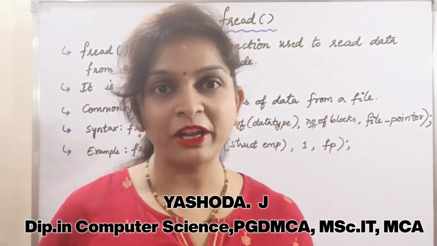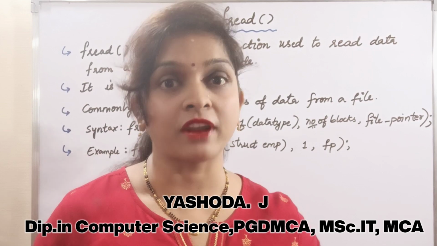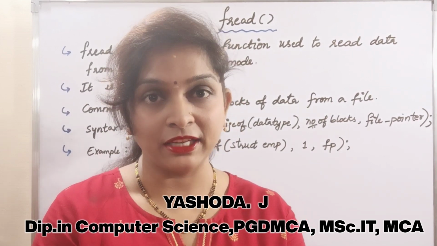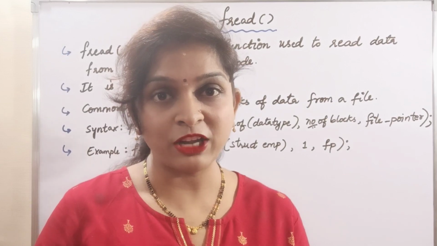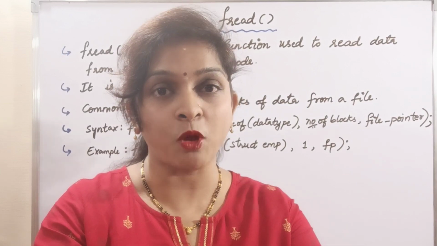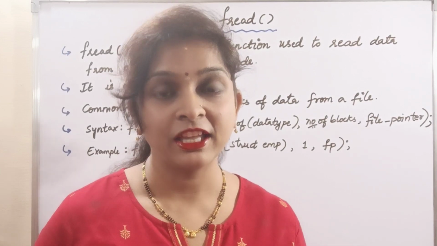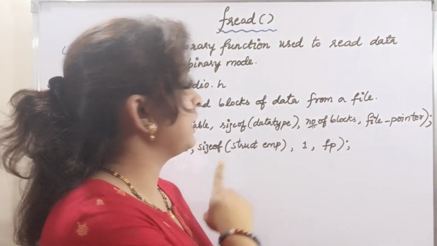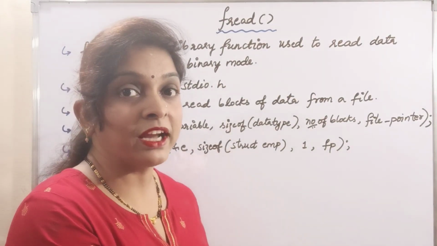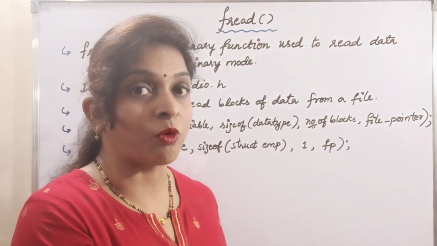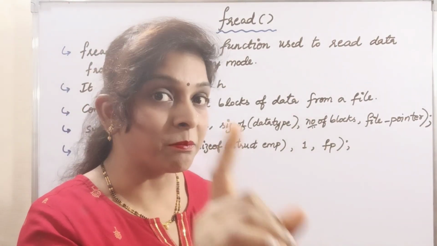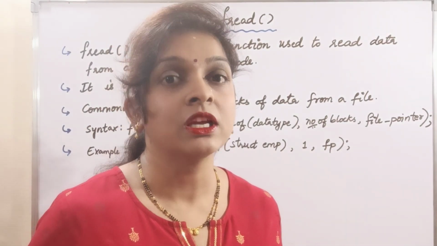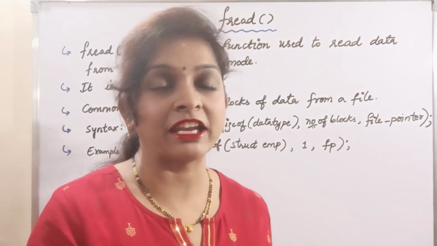In the previous video, we discussed fwrite, that is how to write a block of data to a file, accepting the values from the console and writing the block of data into the file. In today's video, we will learn fread, that is how to read that block of data that we have written, especially in a binary file. fread and fwrite are the special functions that are used to deal with binary files.